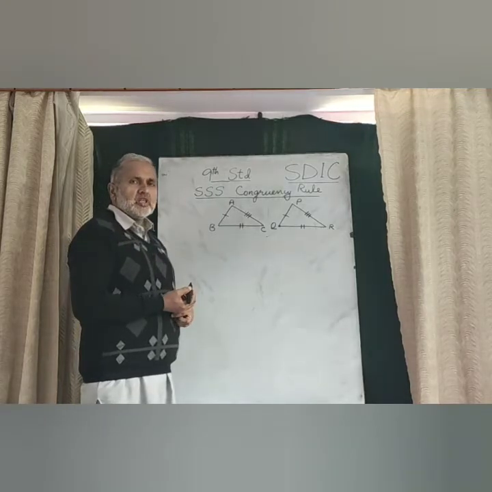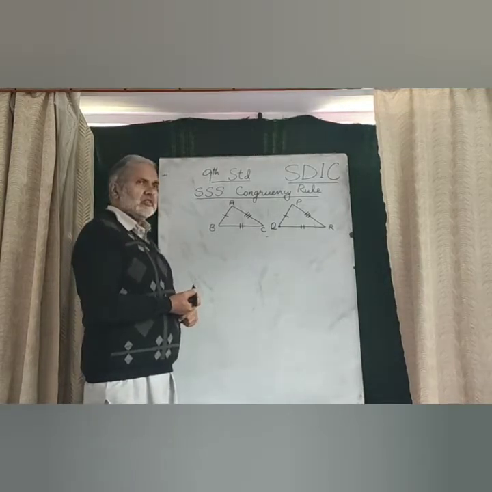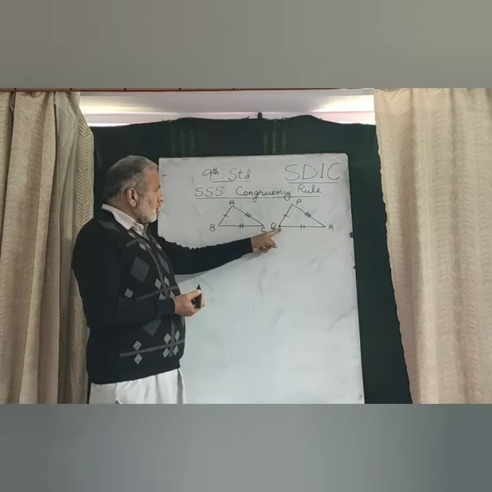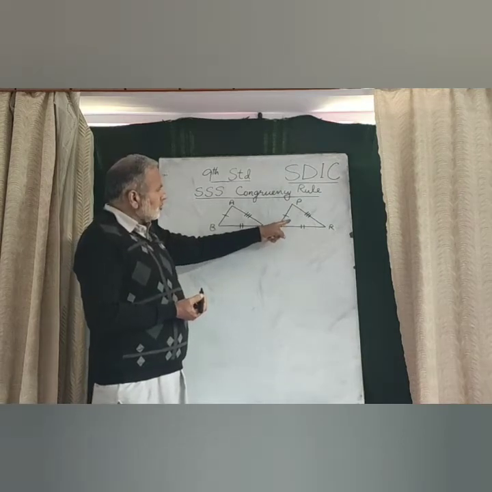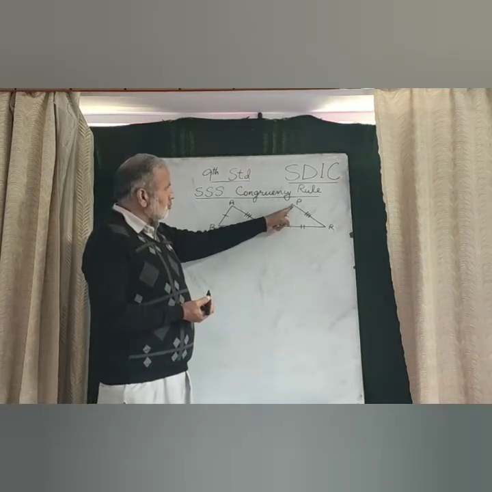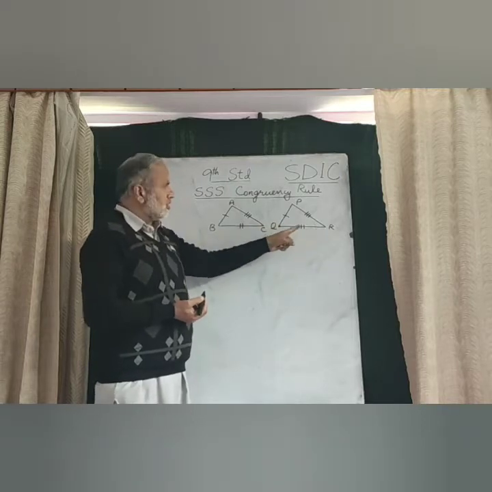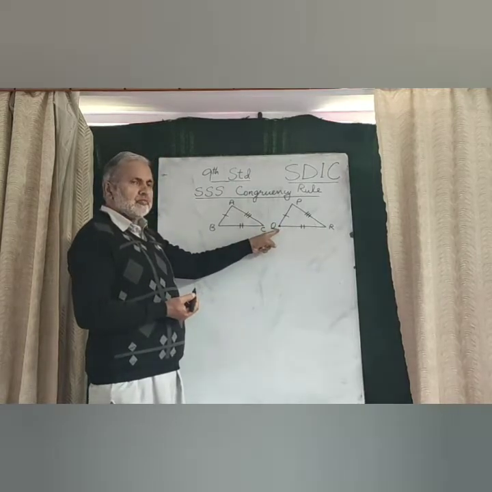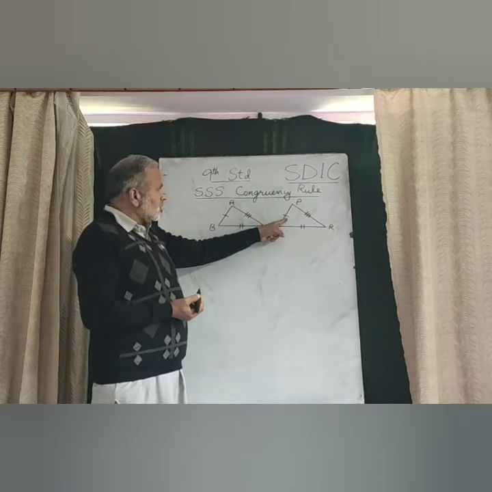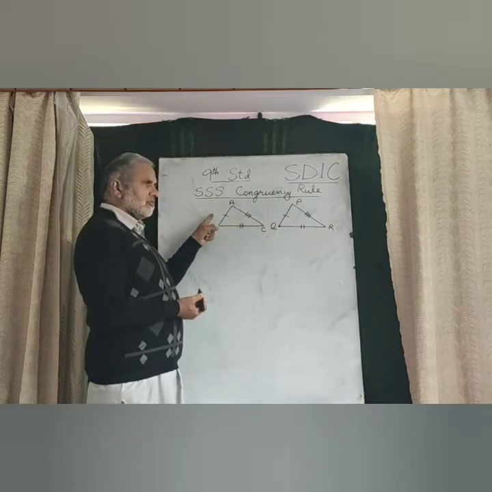First you find out which is the corresponding point of Q in the first triangle. Q is the common endpoint of the two sides of this triangle, PQ and QR. Common endpoint is Q.